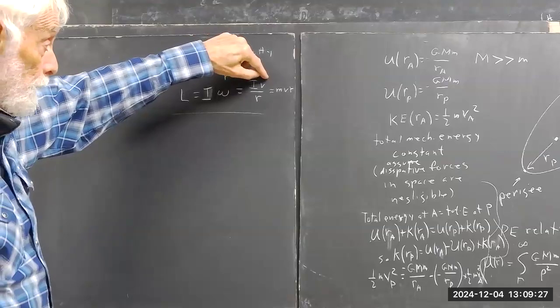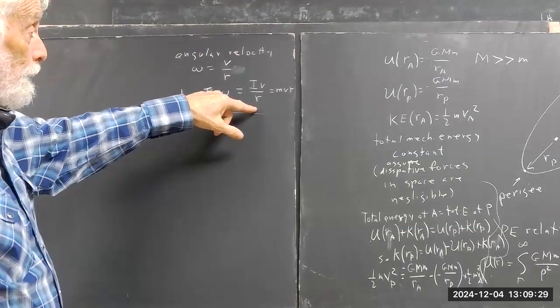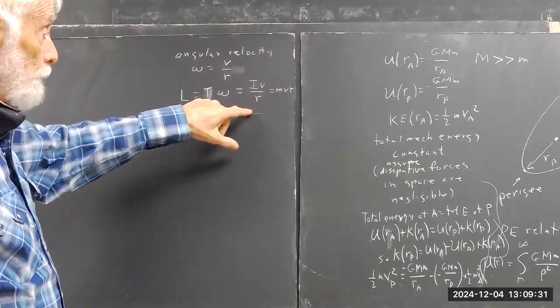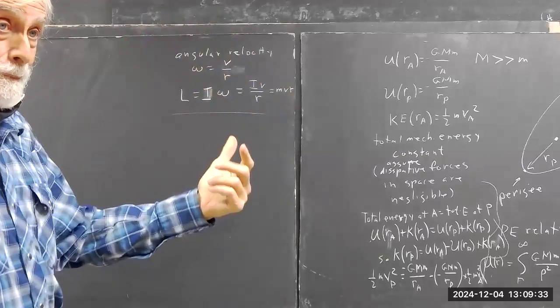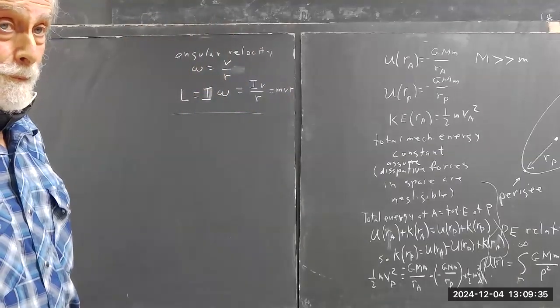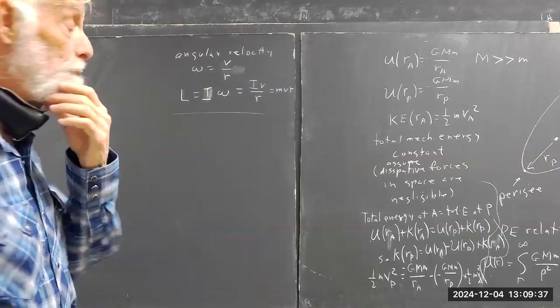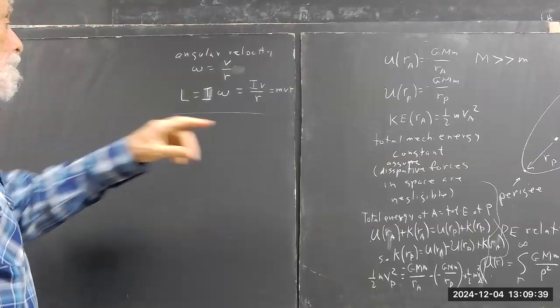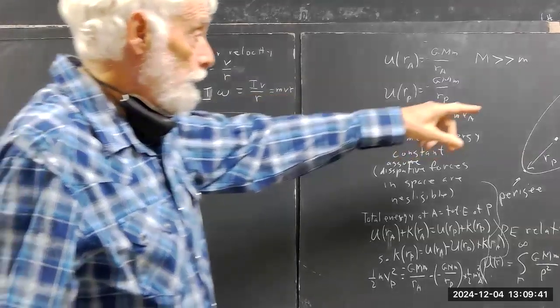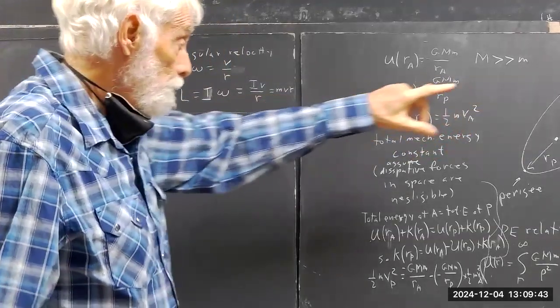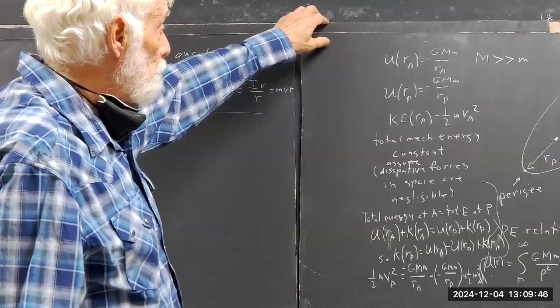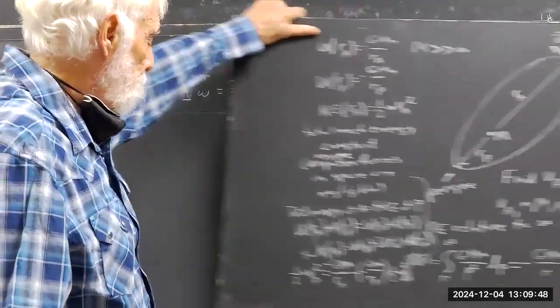If you do MR squared times V and divide it by R, you get MR squared V over R, which is MRV. And that might be the form you want to use to look at this picture.